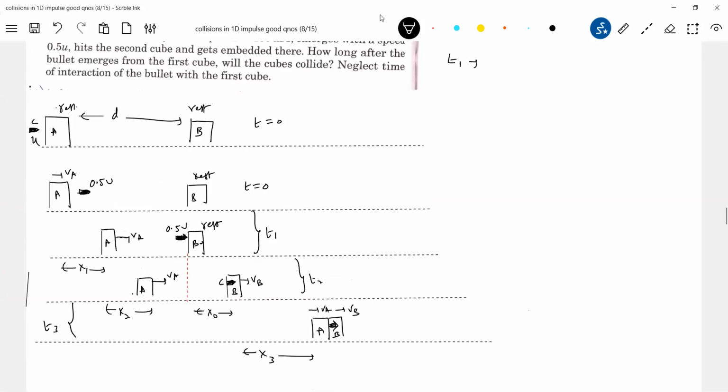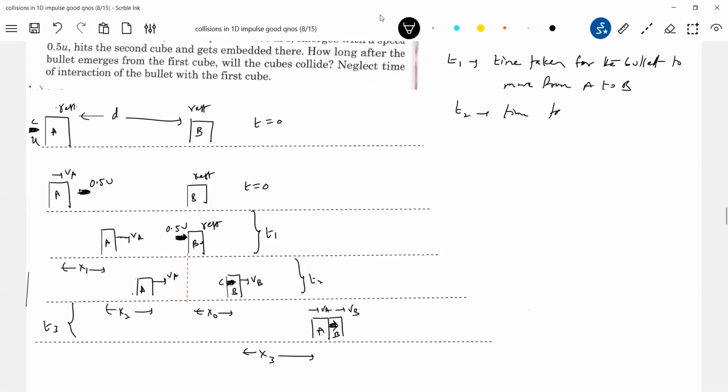Time taken for the bullet to move from A to B. All these problems you cannot solve just by seeing; you're supposed to analyze. When you solve on your own, it usually takes 1 hour. By seeing you'll never get such things.